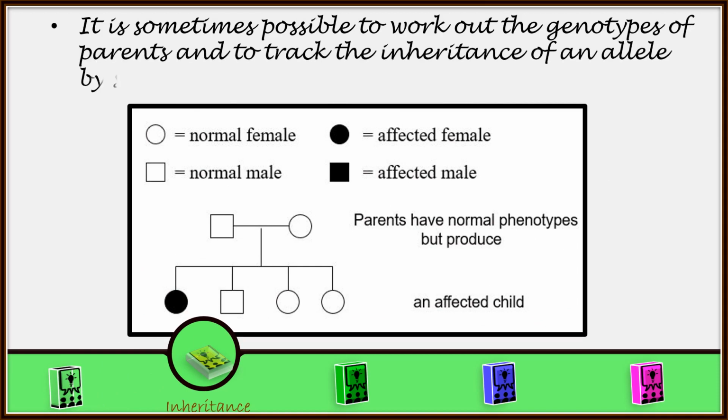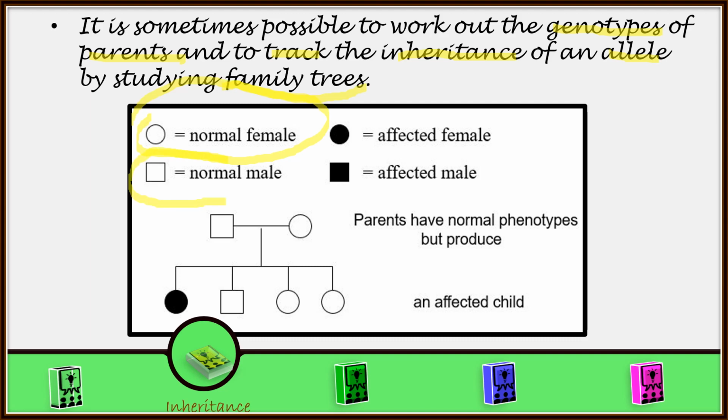It is sometimes possible to work out the genotypes of the parents and to track the inheritance of an allele by studying the family trees. If we take this one to be a normal female, this one a normal male, this one an affected female, and here we have an affected male.